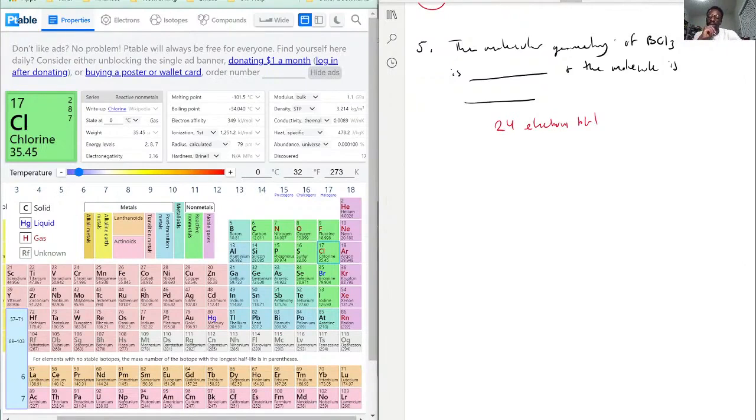Okay? So, molecular geometry of BCl3. In order to do that, we just have to draw the Lewis dot. Okay? We're going to have the boron in the middle. And then we're going to just add these. And just a side note, boron can't follow the octet rule because it only has space to bond 3 things, okay? It'd be quite complicated for it to try to set up an octet.